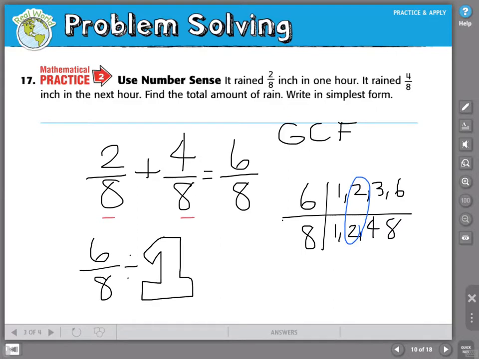And what's inside my big 1? 2 over 2, because that's the greatest common factor. 6 divided by 2 is 3. 8 divided by 2 is 4. So it rained 3/4 of an inch.